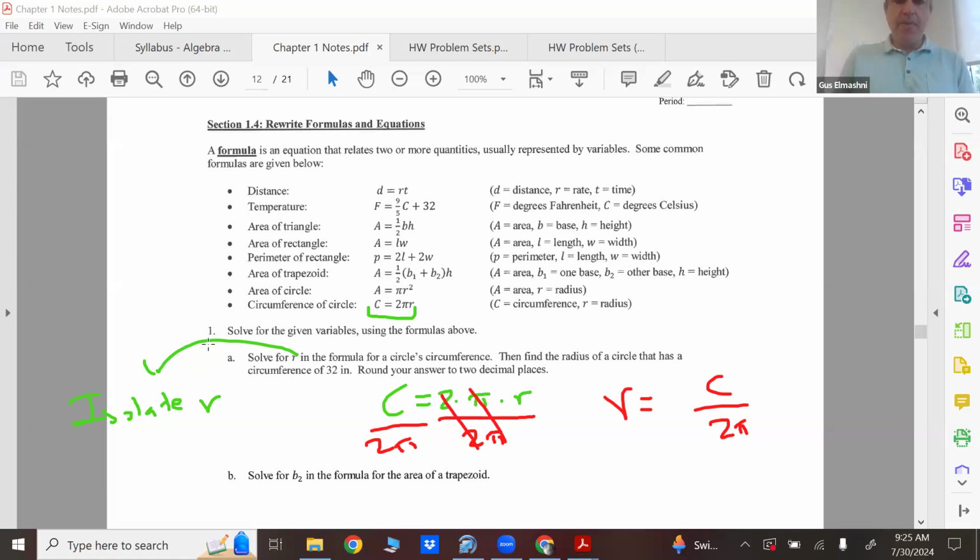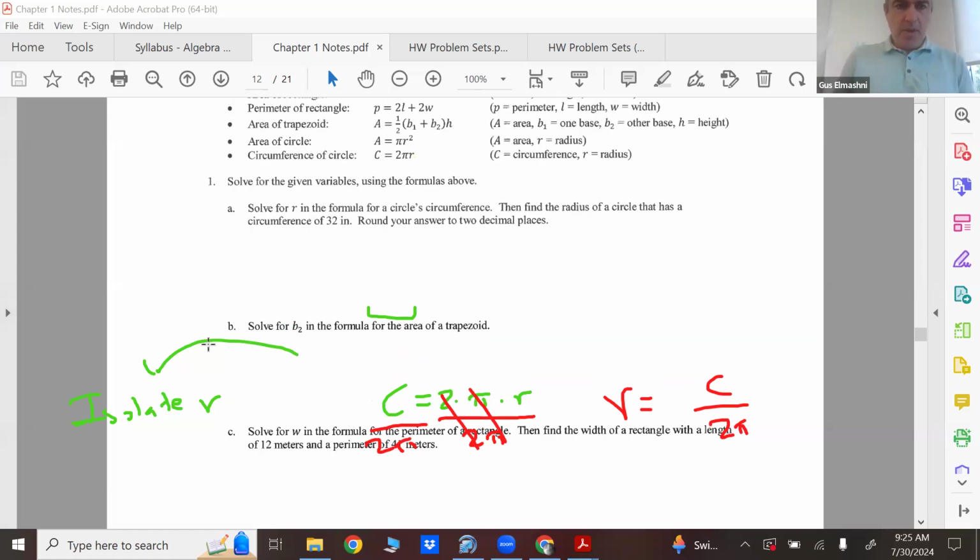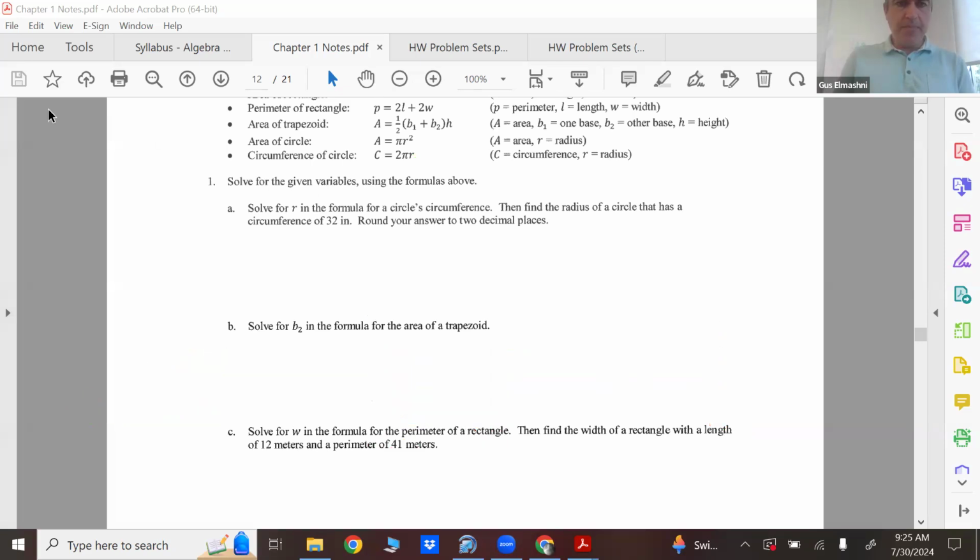Let's look at another one. Solve for B2 in the area of a trapezoid. The trapezoid is right here. Well, let's rewrite the equation.